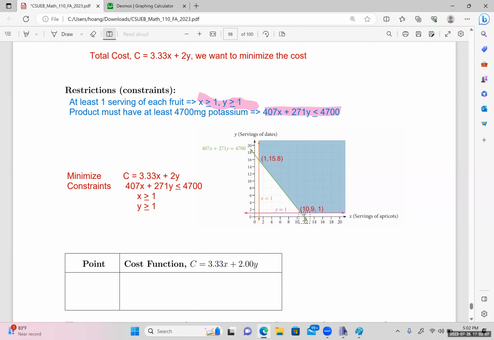So these two intersections, I got them from using decimals, right?